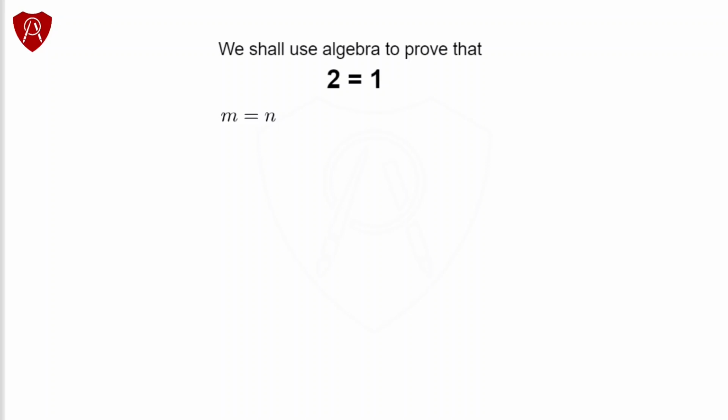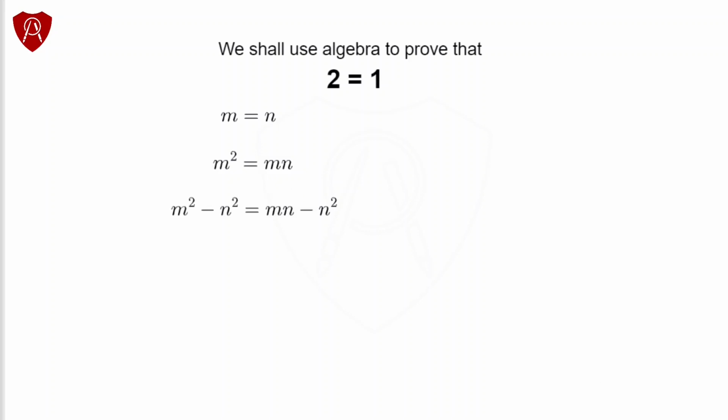Let us start by introducing two algebraic terms m and n and set them to be equal to each other. The next step is to multiply both sides of the equation by m. So the left side becomes m squared and the right side becomes mn.